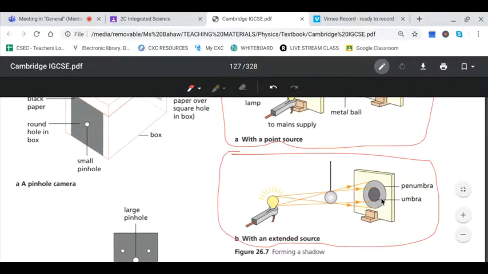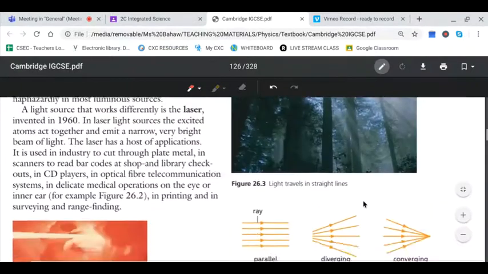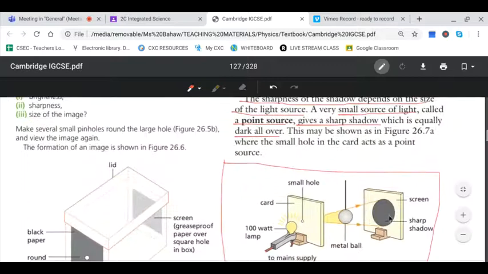Those are two words you need to remember. Those two form a shadow from an extended source. If it was just the point source, you're only going to have an umbra forming, and that is simply shadows in a nutshell. There's more to learn about it, but I will pause at that point.